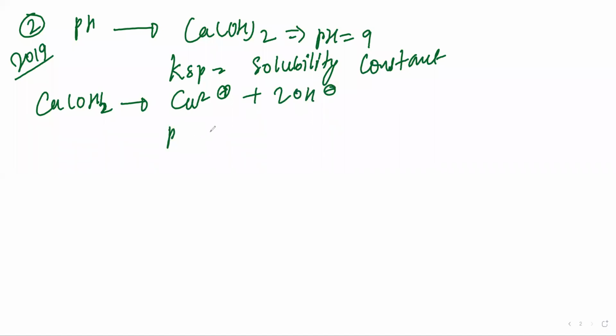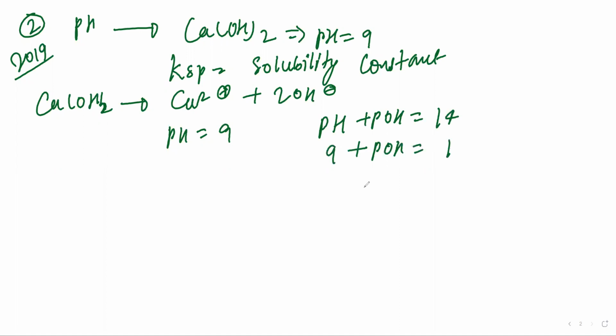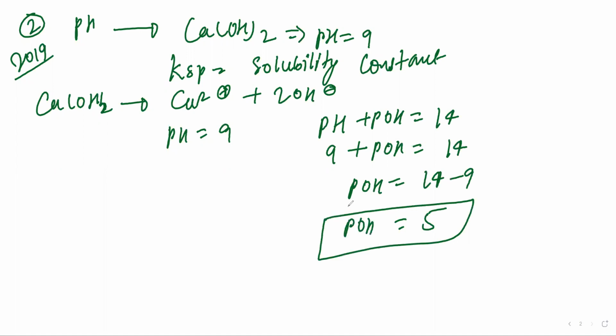The pH is equal to 9, and we know the relation between pH and pOH is 14. So 9 plus pOH is equal to 14, pOH is equal to 14 minus 9, which is 5. So we are getting the power of hydroxyl as 5.